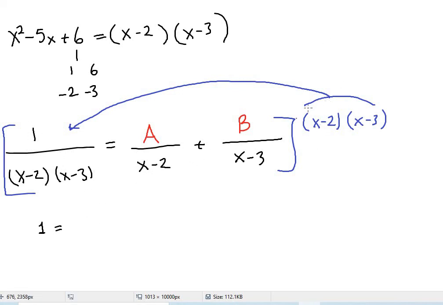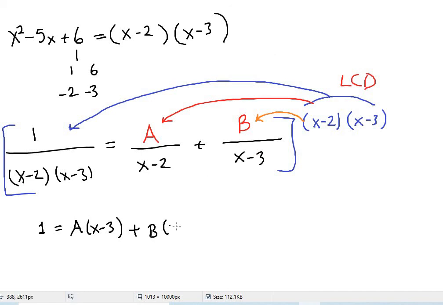If we multiply the LCD, least common denominator, with this fraction, we obtain A times (x minus 3), because x minus 2 cancels x minus 2. Plus, if we multiply the LCD with B over x minus 3, we obtain B times (x minus 2), because x minus 3 is cancelled out. Now we have 1 is equal to A times (x minus 3) plus B times (x minus 2).